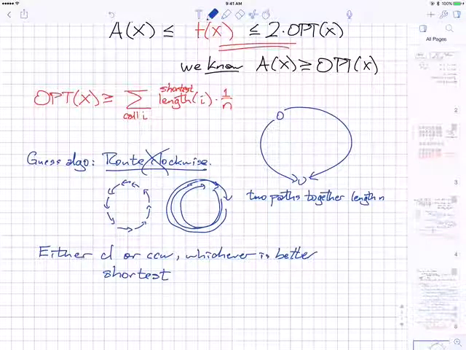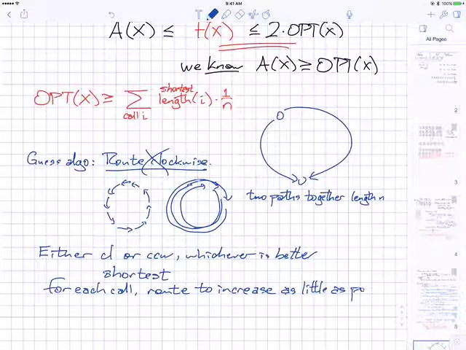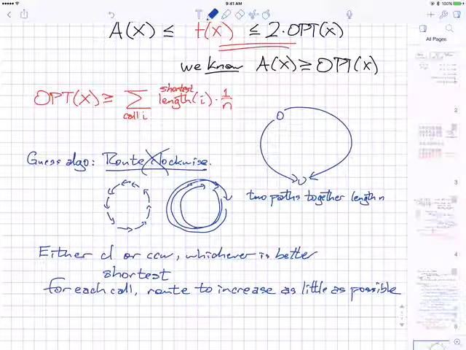Another one is for each call, route to increase congestion as little as possible. So if by routing clockwise, you increase the congestion on the worst edge, but by routing counterclockwise you don't, then you should route counterclockwise. So you're trying to keep everything balanced. I think actually the last one is probably the algorithm that we're really looking for here.